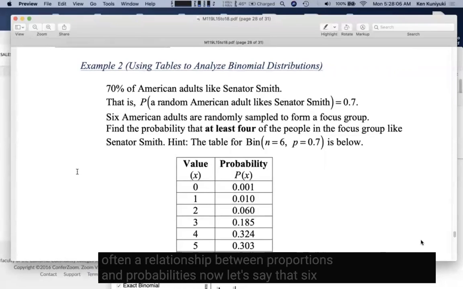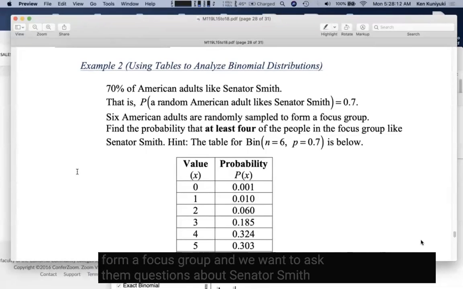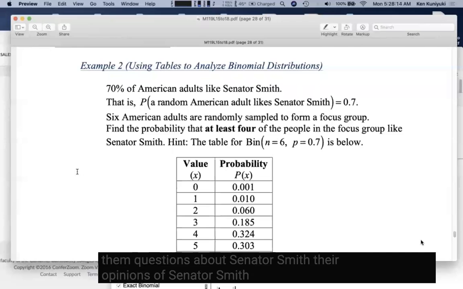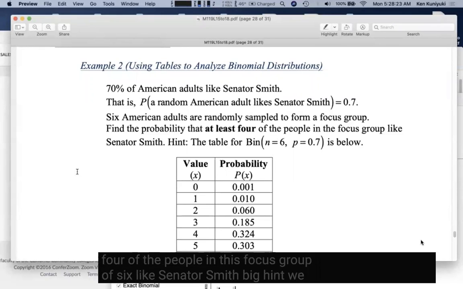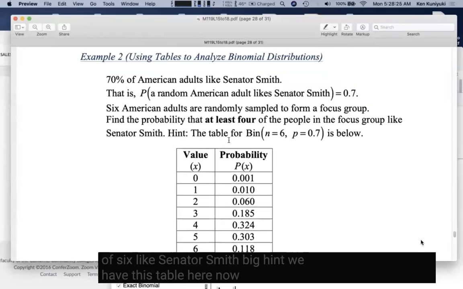Now let's say that 6 American adults are randomly sampled to form a focus group, and we want to ask them their opinions of Senator Smith. Find the probability that at least 4 of the people in this focus group of 6 like Senator Smith. Big hint, we have this table here. On an exam, it's fair game for you to be required to know the distribution we're talking about.